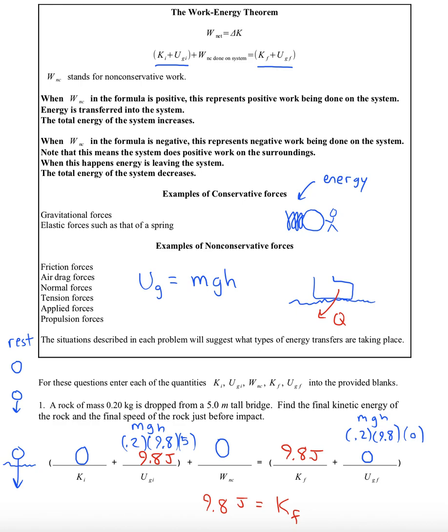Okay, now that we know how much kinetic energy it's going to have at the bottom, 9.8 joules, we want to solve for the final answer, which is how fast is it going. There we would use the kinetic energy formula, 1/2 mv squared. But this time, we know how much energy there is, so we want to plug that in.